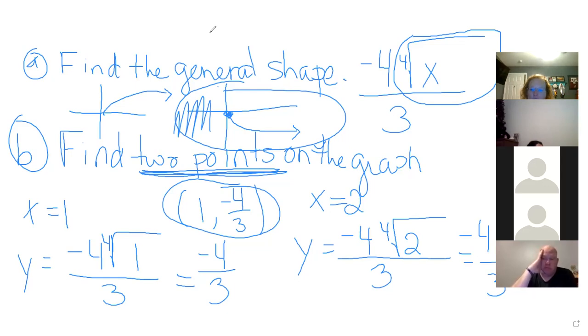So then you would literally grab your calculator, plug in -4 times 2, use your caret, and put that whole exponent in parentheses. So 1 divided by 4.